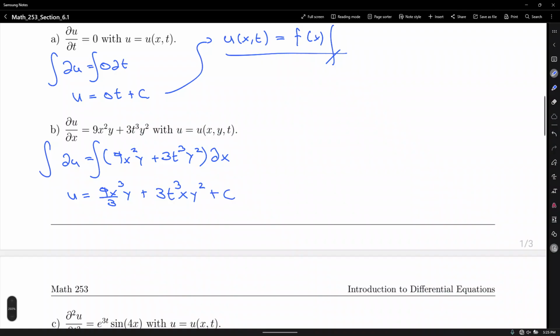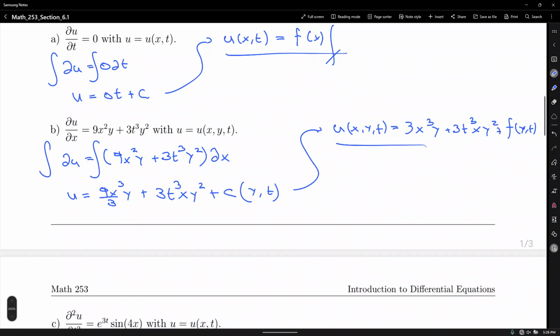But this constant c will be a function of the two variables that remain constant. Since we integrated with respect to x, this constant is a function of y and t. Now, with the proper notation, let's write our result as a function u of x, y, t equals, reducing 9 over 3, 3x cubed y plus 3t cubed xy squared plus some function f of y and t.